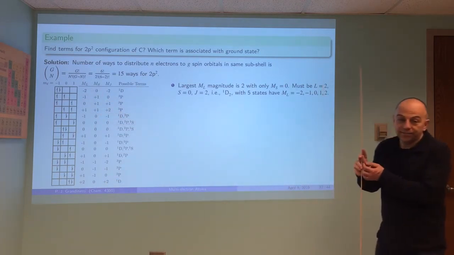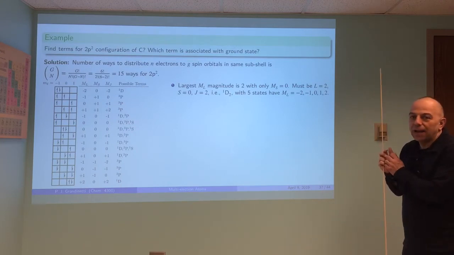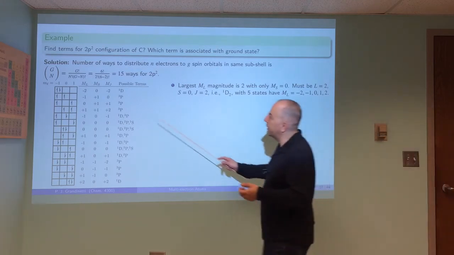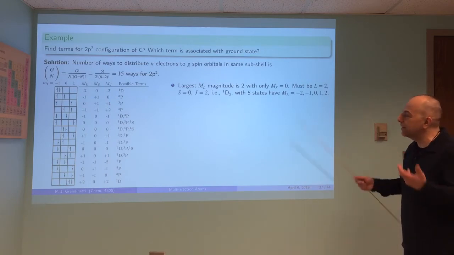This is a moment where you have to go back and look at that chapter where we first talked about angular momentum, and how to represent the states with given m sub L and m sub S in terms of m sub J, using Clebsch-Gordan coefficients.